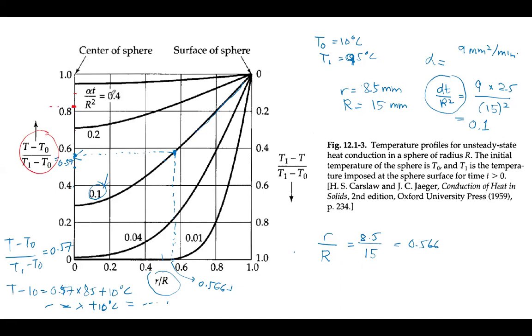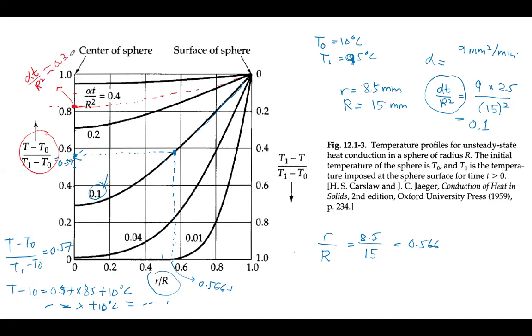It is somewhere between alpha t divided by r squared of 0.4 and 0.2, so you can make an interpolation because it's roughly half of it. Just roughly, you can check at alpha t divided by r squared of about 0.3.